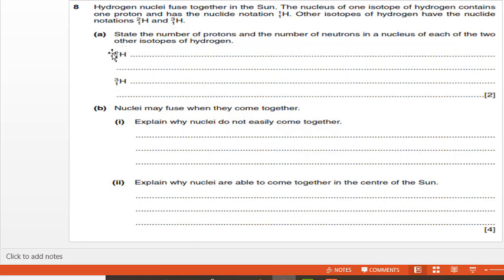So it is 2 minus 1, which is 1. So for this one, number of protons is 1, number of neutrons 1. For this one, number of protons is 1, number of neutrons, it will be 3 minus 1, which is 2. Just doing that, you would have scored yourself 2 marks.